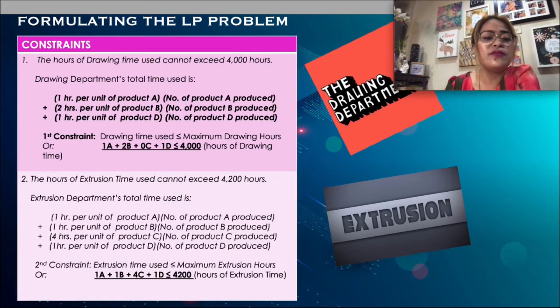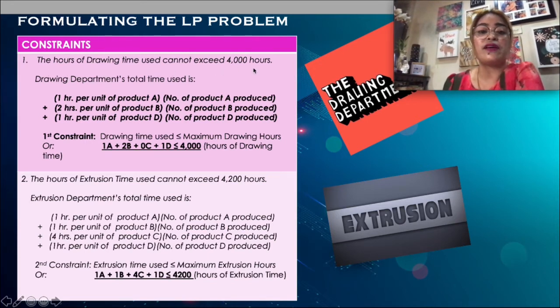Next, we need to define the constraints. The first constraint is that the hours of drawing time used cannot exceed 4,000 hours. The drawing department's total time used is 1 hour per unit of product A times the number of product A produced, plus 2 hours per unit of product B times the number of product B produced, plus 1 hour per unit of product D times the number of product D produced.